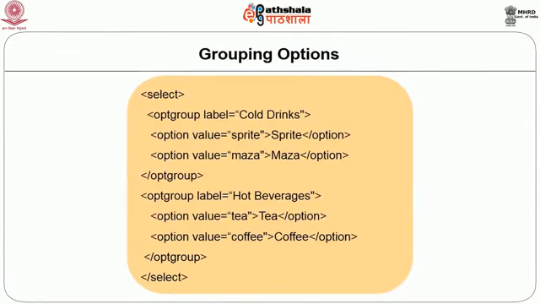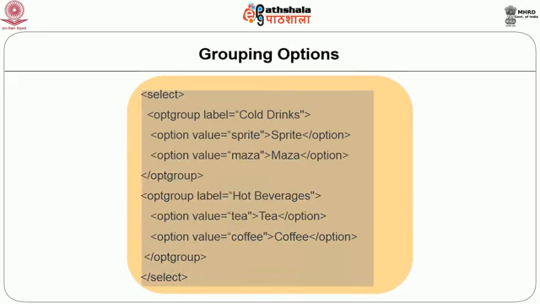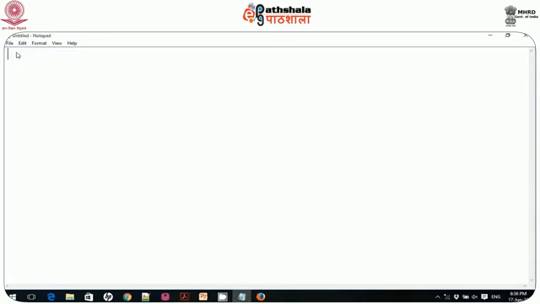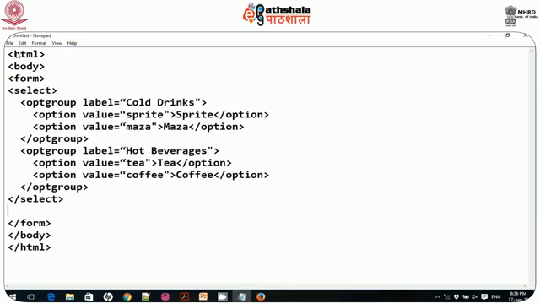Then you can also group options. Let's say for example, I copy and paste this one and create a new file. So I create a new file, and I just need to write HTML and /HTML, body and /body, and inside that I can use form and /form and provide this select, and then I write optgroup, label is cold drink, and then option and value.